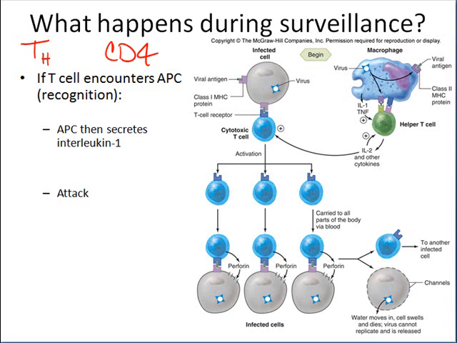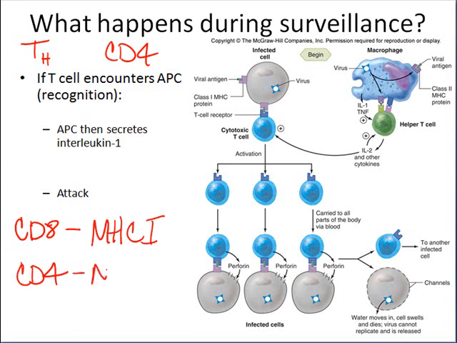Here's how that happens. Helper T cells are a little different in the way that they interact with other cells. Whereas we just showed you cytotoxic T cells or CD8 cells interact with host cells, those are the ones that have MHC1 proteins, CD4 cells, the helper T cells, only can interact with those cells that have an MHC2 protein.